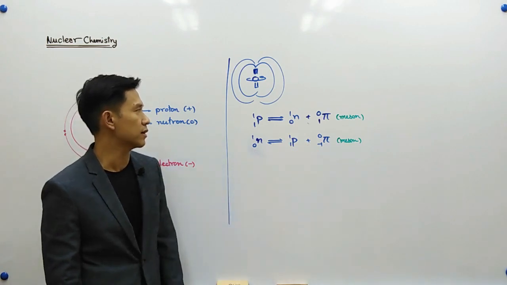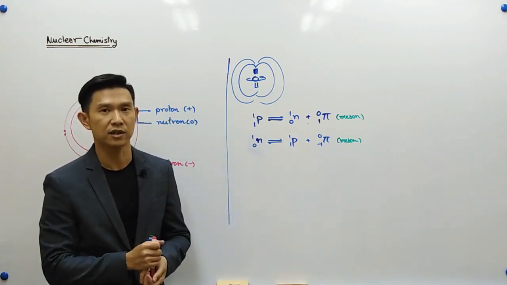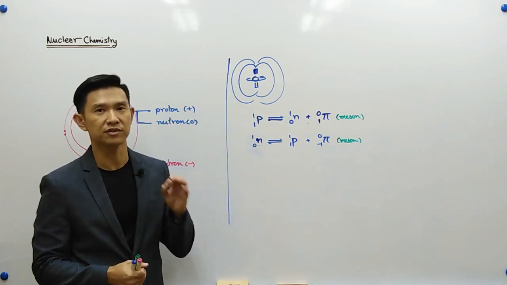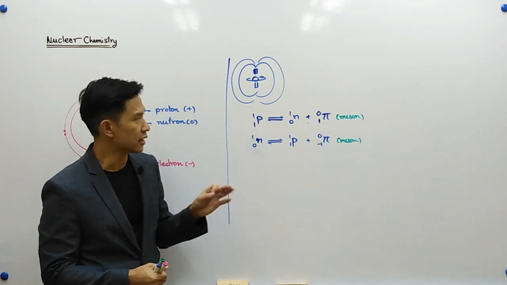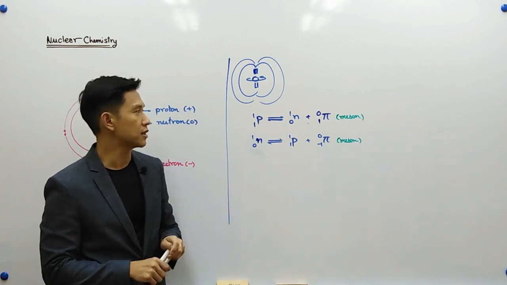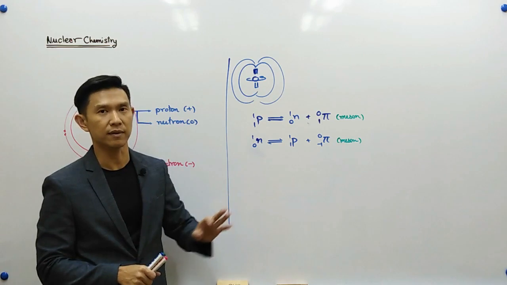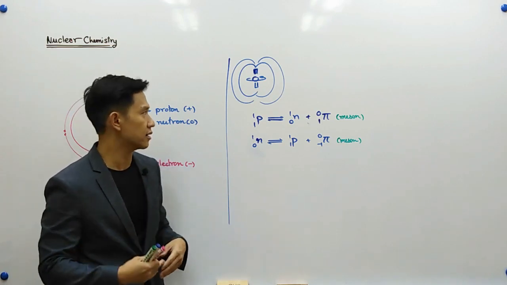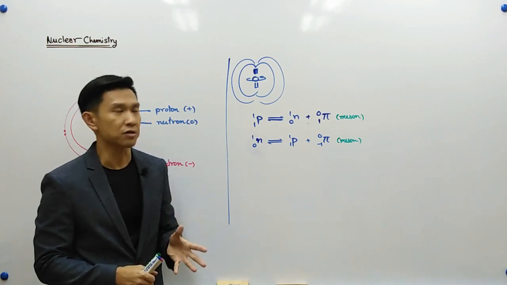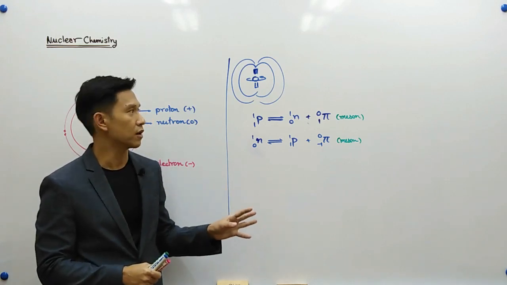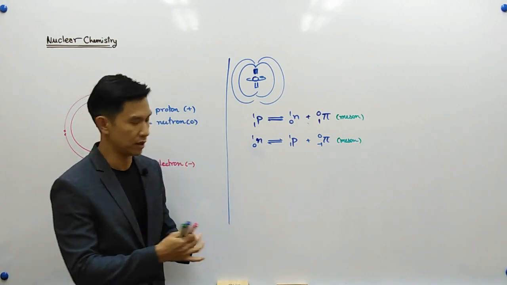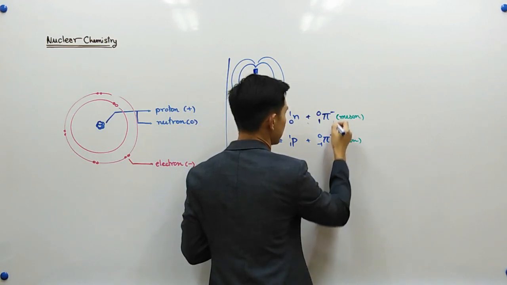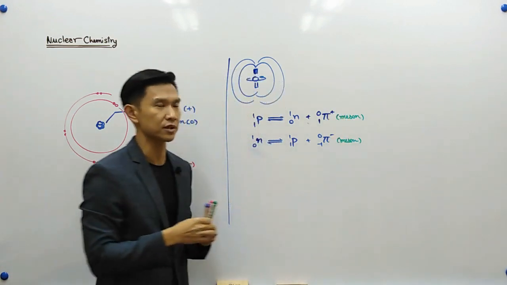What makes the meson differ from the electron is its mass. Even though the mass number is 0, meaning it's closer to 0 AMU, it actually has some mass. The mass of the meson is higher than the mass of the electron, about 100 something times greater. So it's not the electron, it's something else which is more massive. We can also identify it by positive and negative meson here.